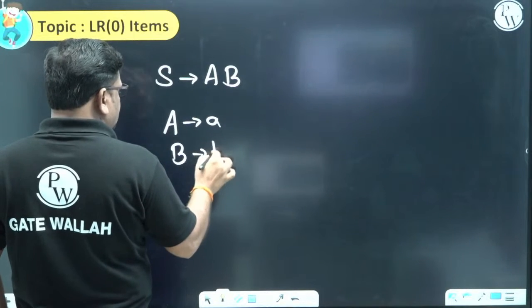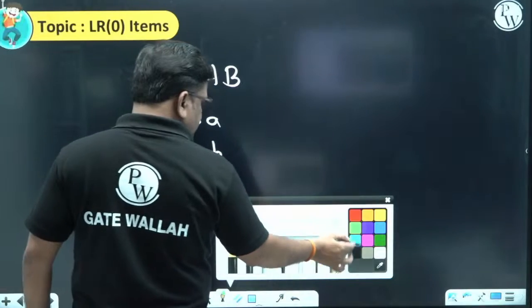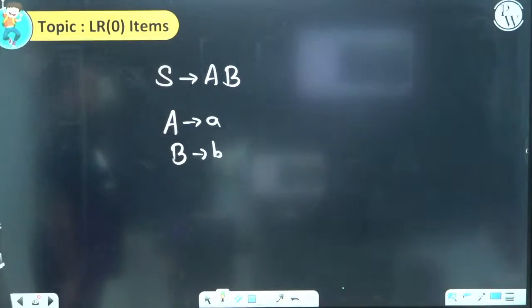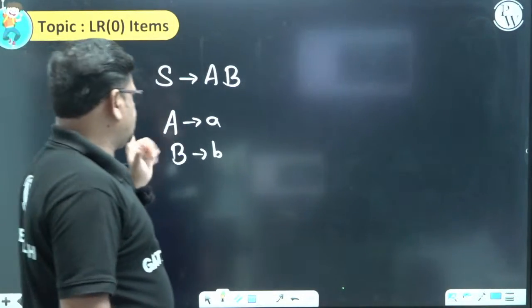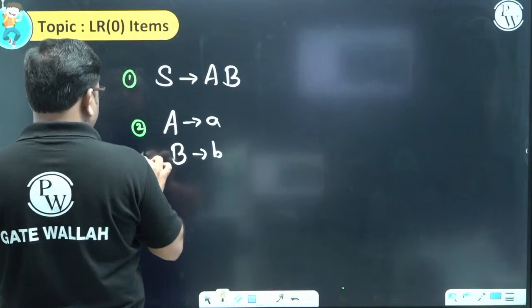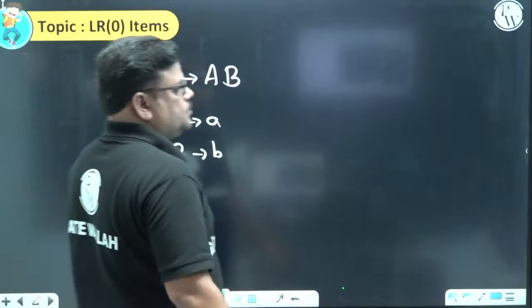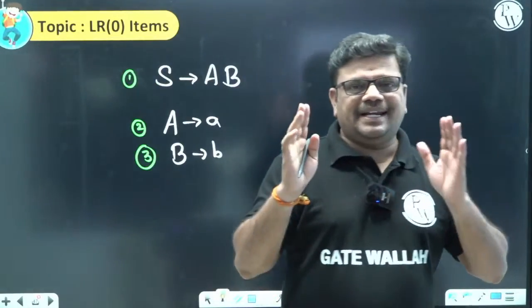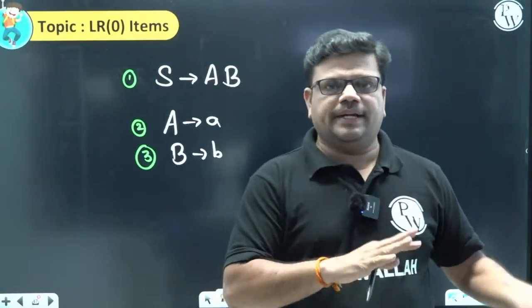Bottom-up parsings are guided through some special dots. This is a grammar having three productions. This is the first production. So grammar productions are completely different from LR0 items.